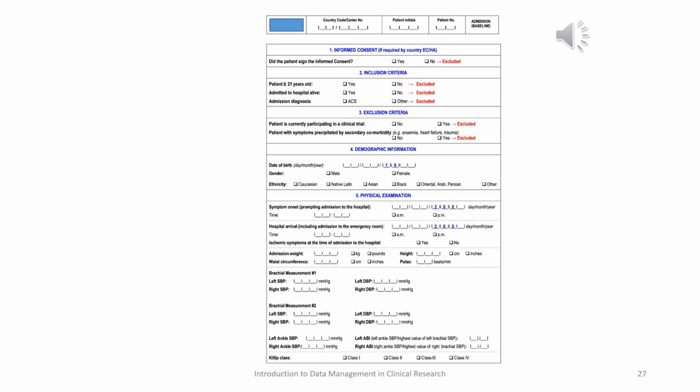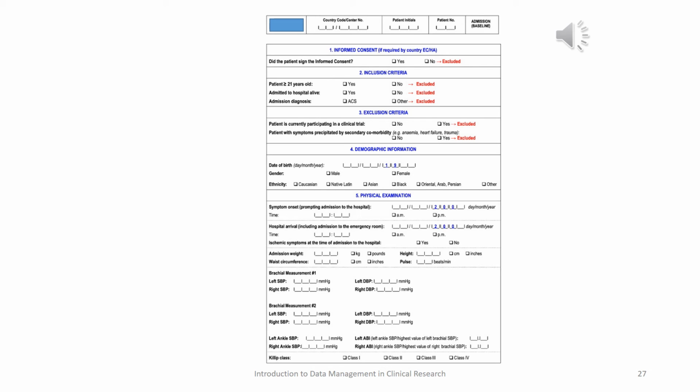It would be a lot better if we could have the site indicate what date the patient signed the form, and we might want them to include the time that they signed it, because in our clinical trial we have to make sure that a patient signs the consent form before they have any trial procedures done. So this would be a great place to collect that. We want to say patient signed informed consent, yes.